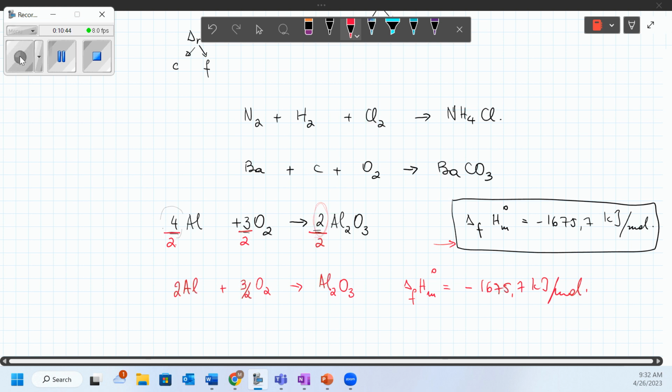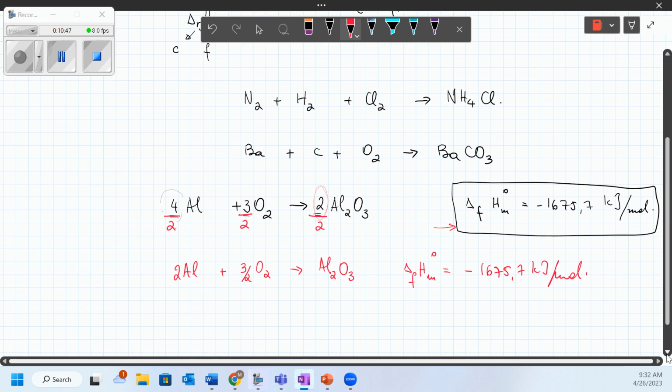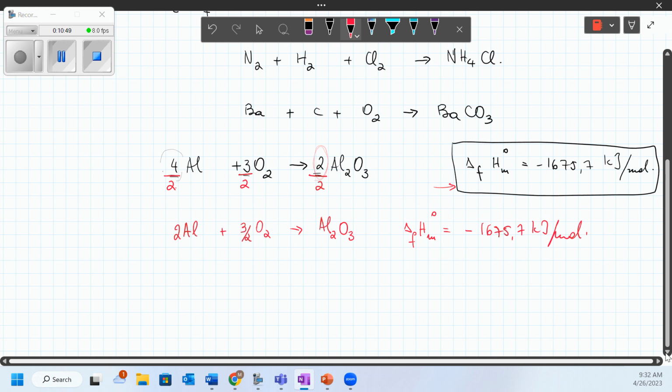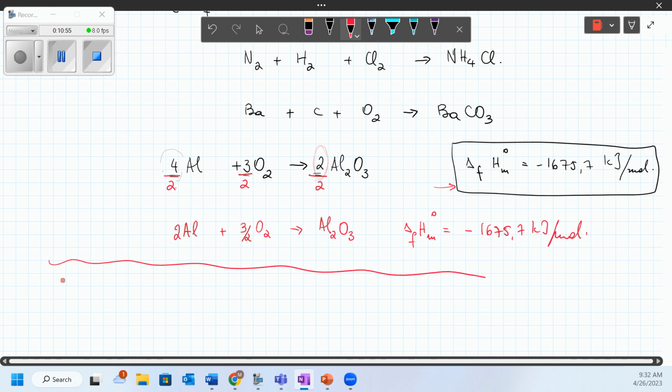Now, the second method that we use to communicate the enthalpy is when we are using the enthalpy of the reaction. So let's suppose I will take the formation of ammonia.